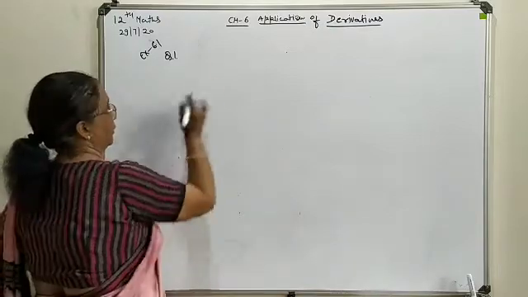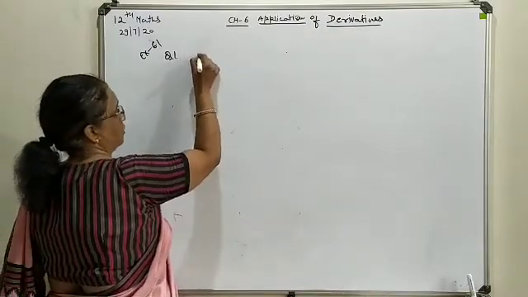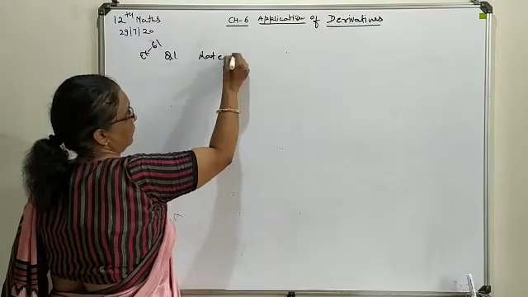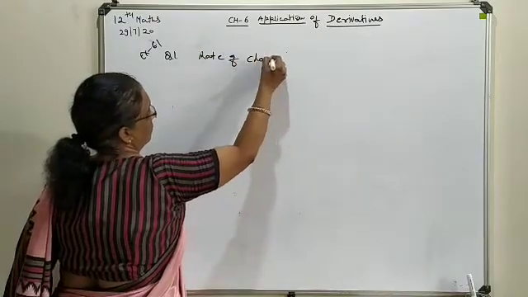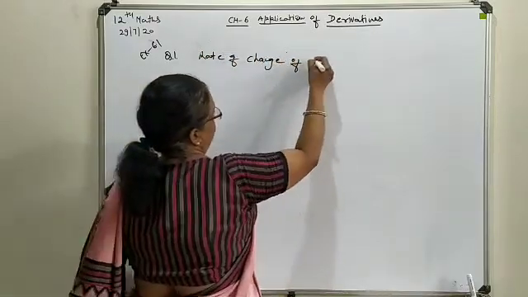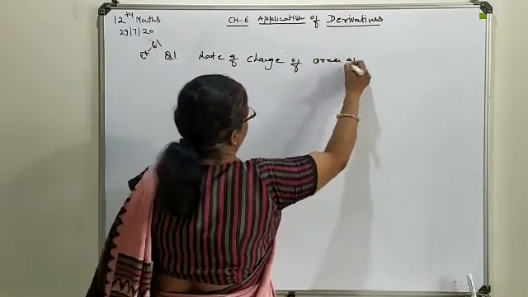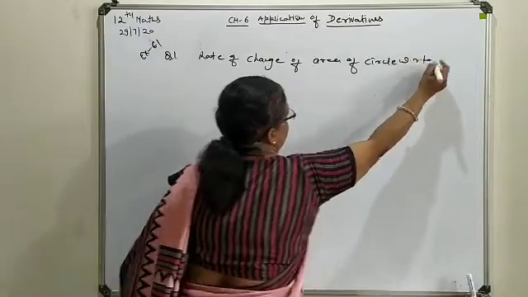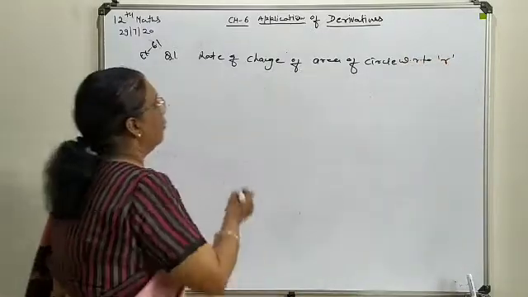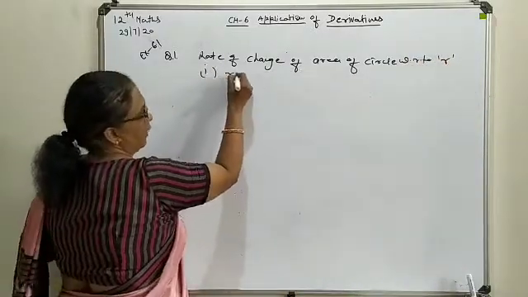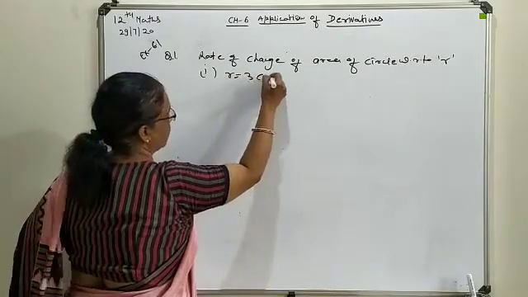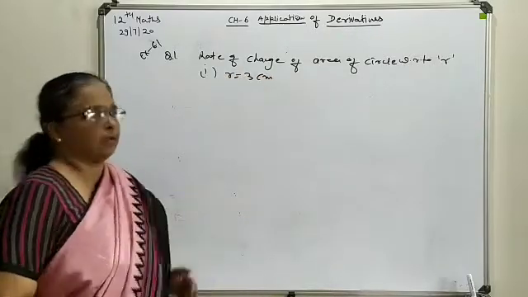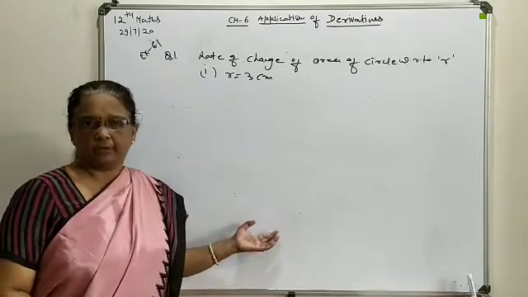We want to find the rate of change of area of circle with respect to r. First case, when your r is 3 centimeter.